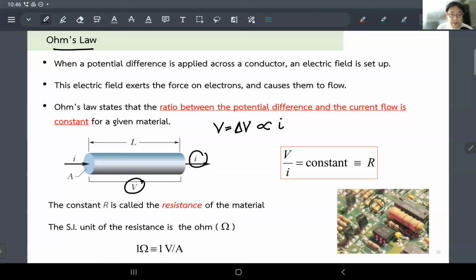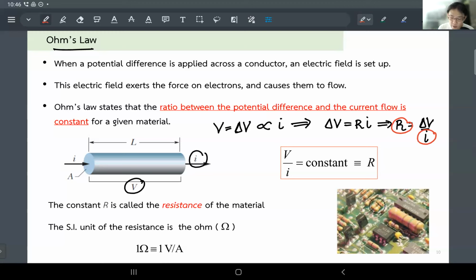That's simple. And you can turn this into an equation by introducing a constant. There is an interpretation for that constant, because if I rearrange this and set R on one side and move everything else to the other side, it turns out the amount of flow you get is inversely proportional to R, the constant that you introduced. So the bigger the R, the smaller the flow.